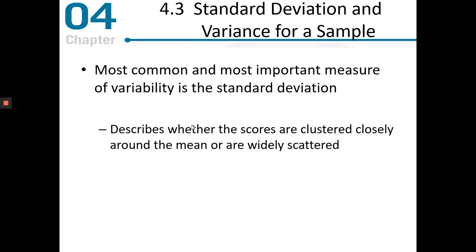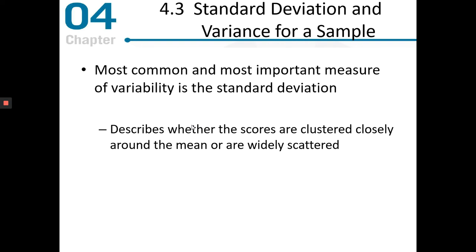It's going to make the variability look larger than it really is, because it's pulling the variability way up because of those extreme scores, just like the mean was pulled higher or lower towards the extreme scores. So typically we want to do standard deviation and variance with distributions that are roughly normal curves.